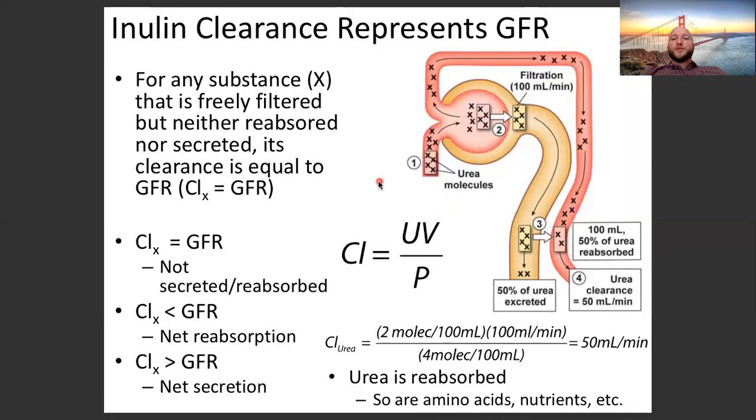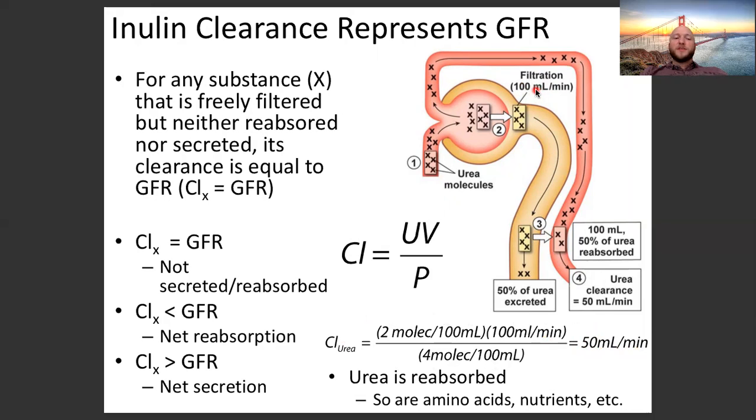In this situation, we're looking at urea. Urea gets filtered out, becomes part of the ultrafiltrate, goes through the tubule system, and about 50% of the urea gets reabsorbed. Urea is partially reabsorbed. If we punch in our numbers, we can see that the clearance for urea is 50 milliliters per minute, about half of glomerular filtration rate.